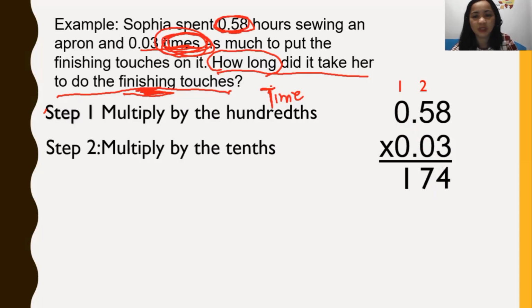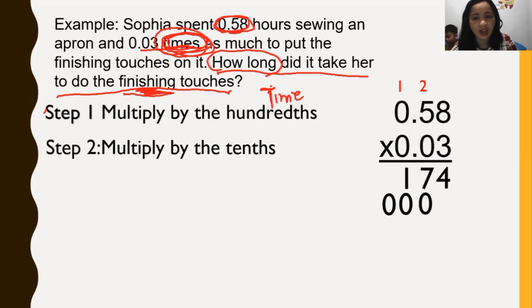And step 2 is multiply the tenths. We have 0 times 8 is 0. Any number multiplied by 0 is 0. 0 times 5 is still 0. And 0 times 0 is 0.